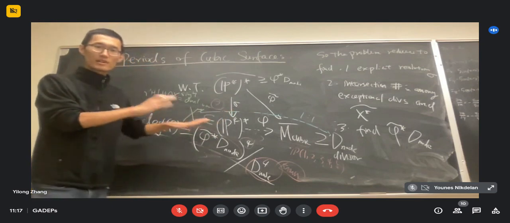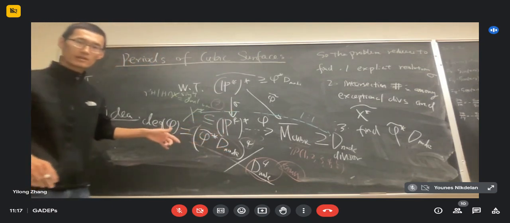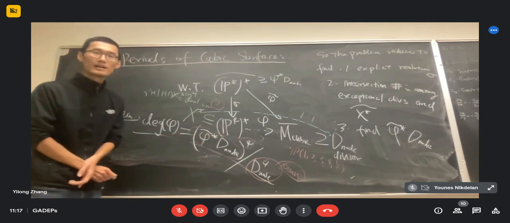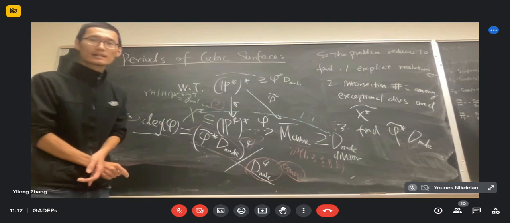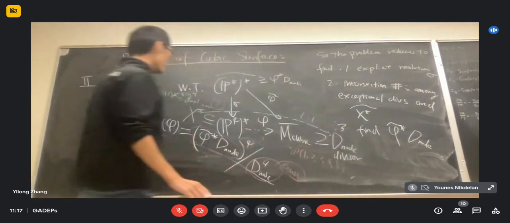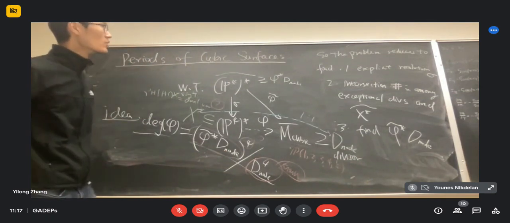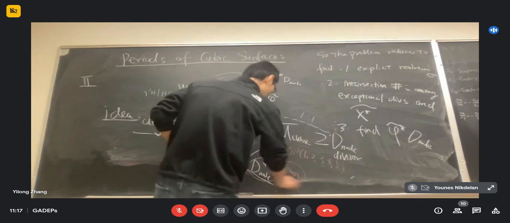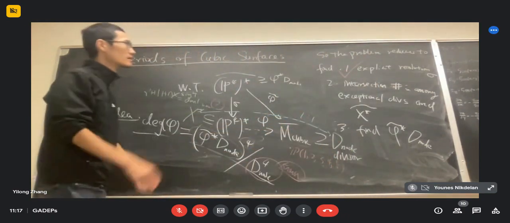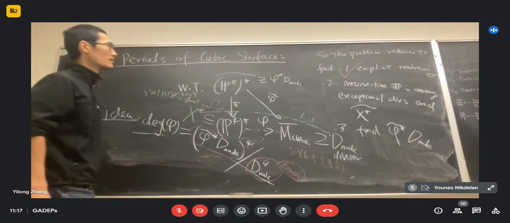Are there any questions so far about the problem we are going to do and our strategy? Okay, if there is no question, what have we done so far is this. We completed an explicit resolution, and where this is going to extend.